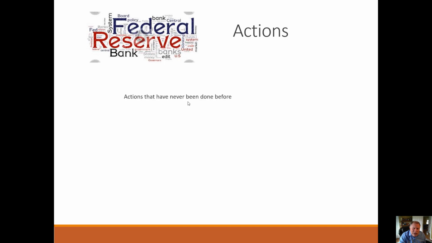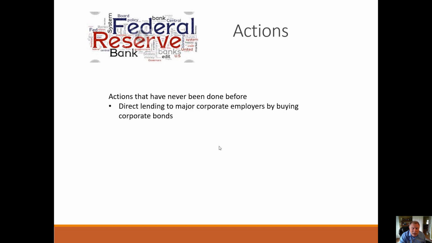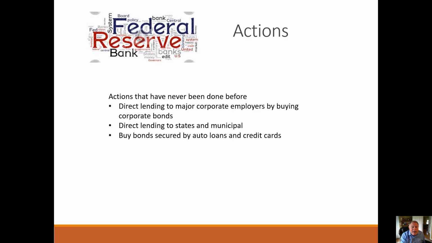They're also engaging in things that they've never done before. And to me, this is rather scary, but I think it's indicative of what's going on. They are becoming a direct lender to major corporate employers by buying corporate bonds. In the past, they were all government or government-guaranteed securities. So they've taken on a little more risk. Direct lending to states and municipalities, buying bonds secured by auto loans and credit cards to keep that market going.